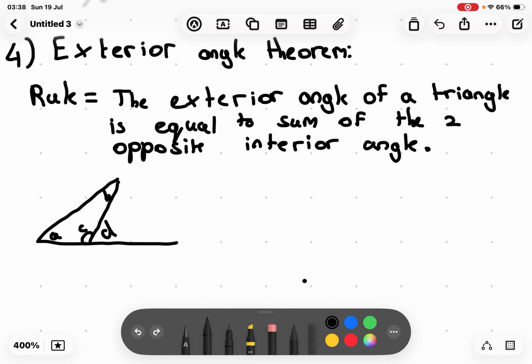So what it says is D equals A plus B. And the reason this works is because, first of all, we can use this rule that tells us that these two are the same, right?